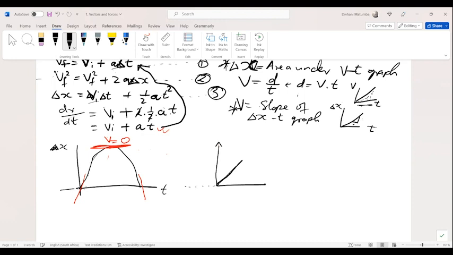However, in this case, my bad. Let me show you how the velocity will change in this case.